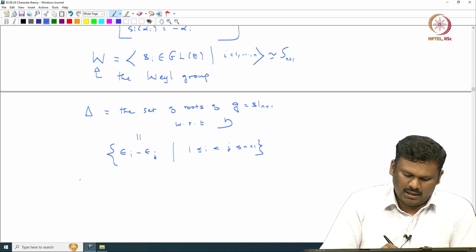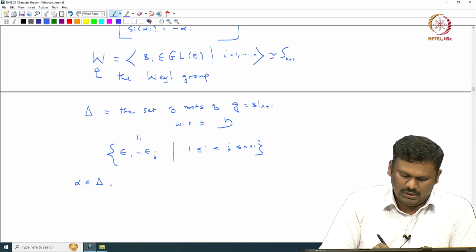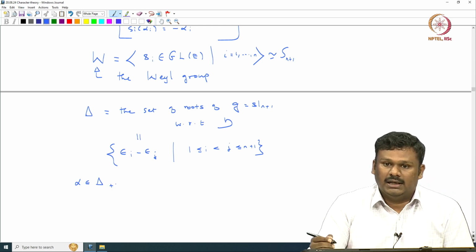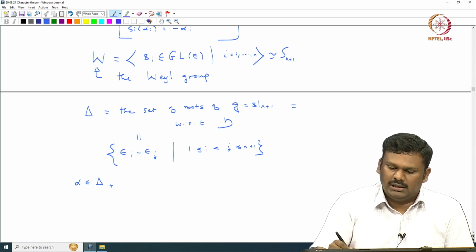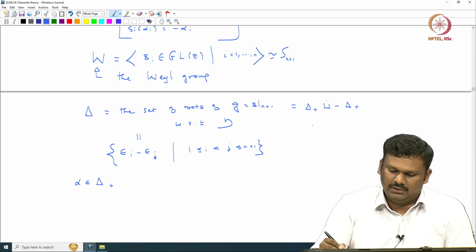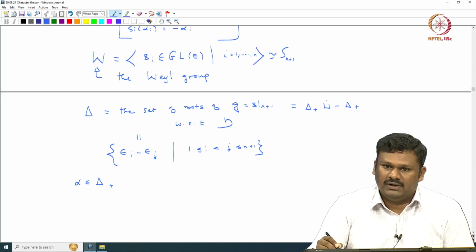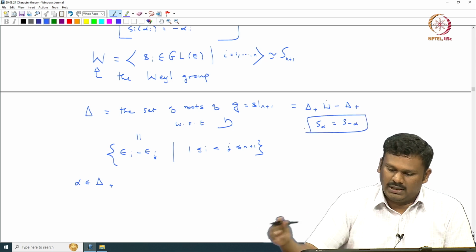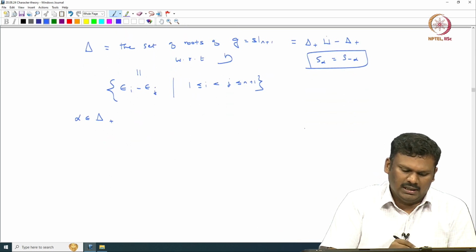So, if we take alpha in delta, in particular one can take it from delta plus, because delta is nothing but delta plus disjoint union minus delta plus. The reflection defined with respect to alpha and with respect to minus alpha will coincide. Because of that, one can just restrict to alpha in delta plus.